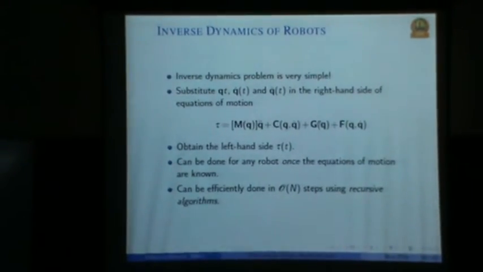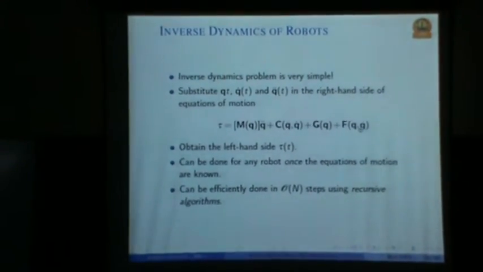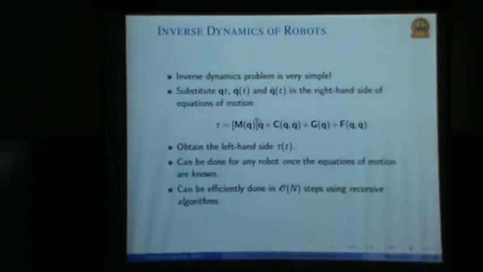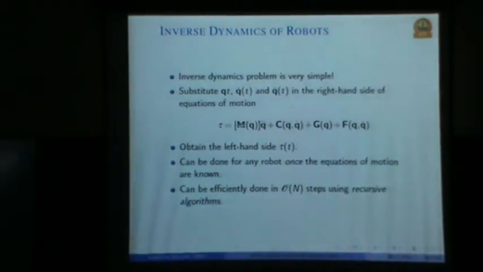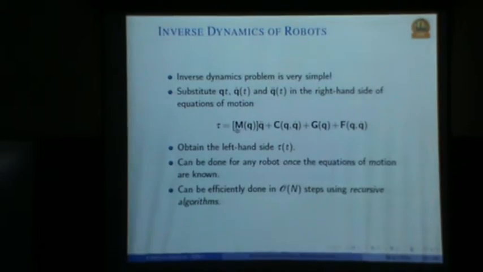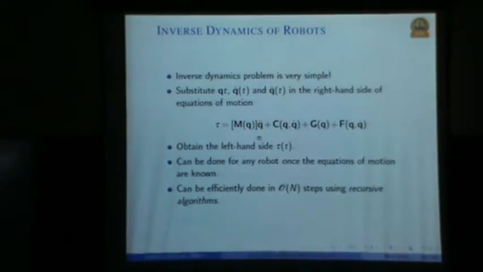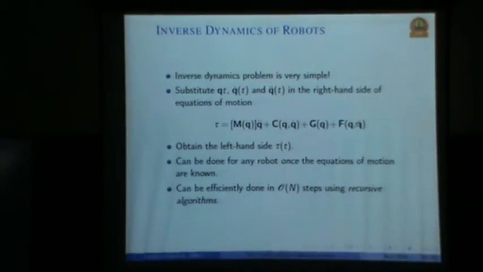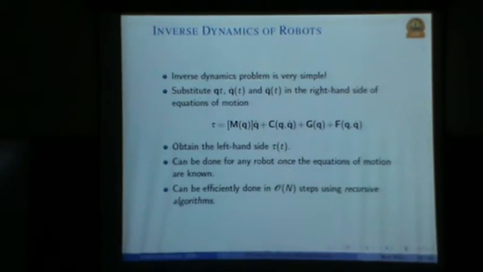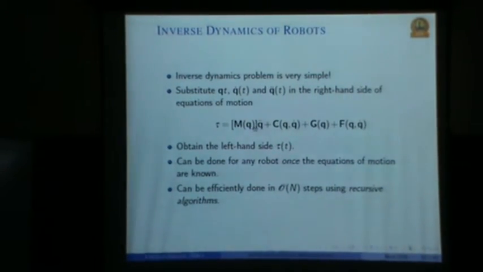This is the Coriolis term, this is the gravity term, and this is the friction term. Once you do the simulation, you can calculate how much is each term. So one way of saying when dynamics is important is when this term is important.